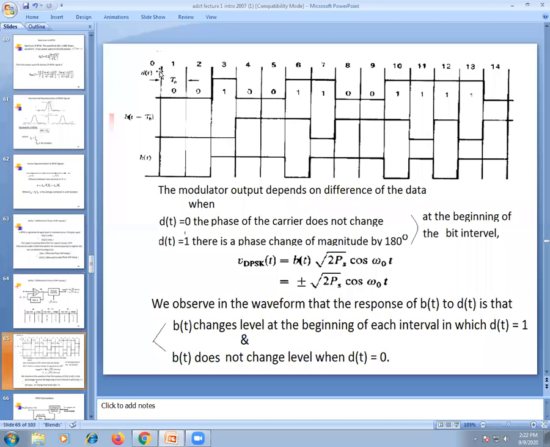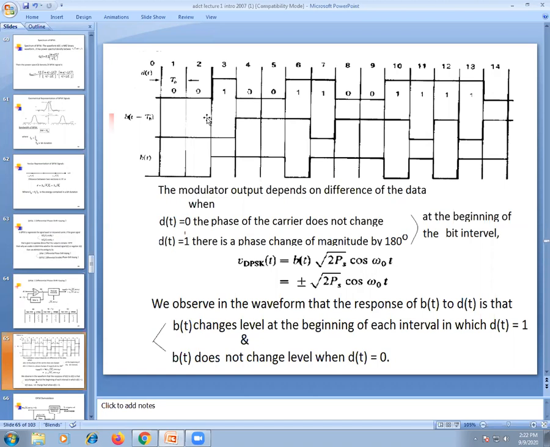This is the clock duration, T of B. First clock duration, second, third, fourth, up to 14 clock durations are taking place here. In this representation, there are 14 T of B's.